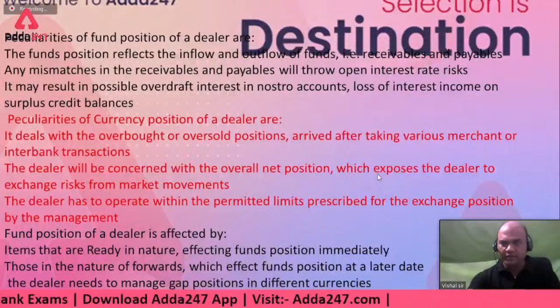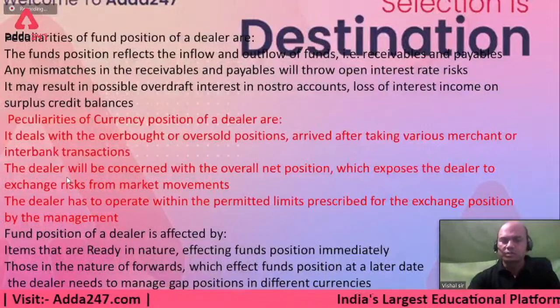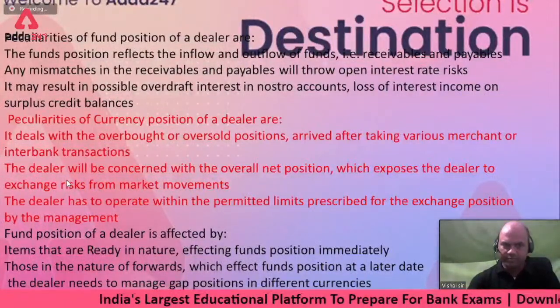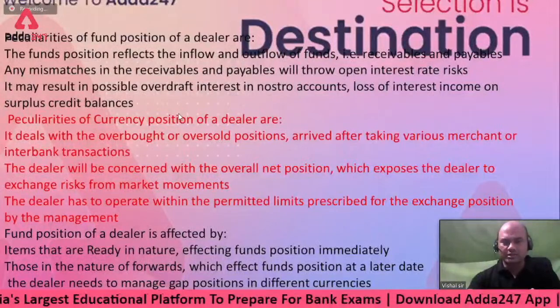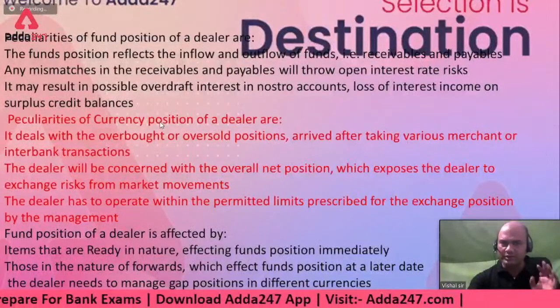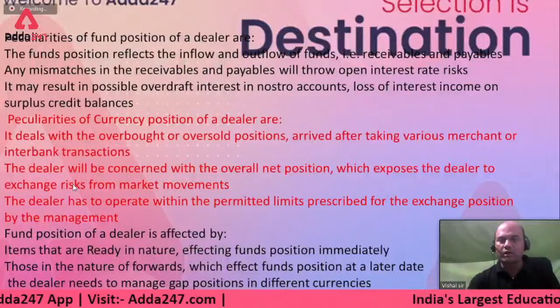So what do you mean by this? It exposes the dealer to exchange risk. Exchange risk means what? Suppose I bought dollars today which were not required, and then the market or the authority will tell me, you buy the dollars at any cost. If I can't fund the account, then what will they do?